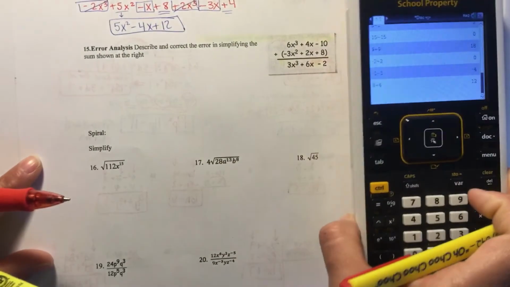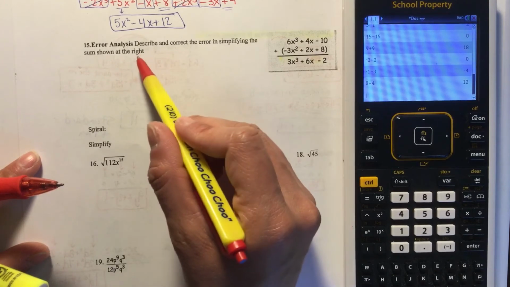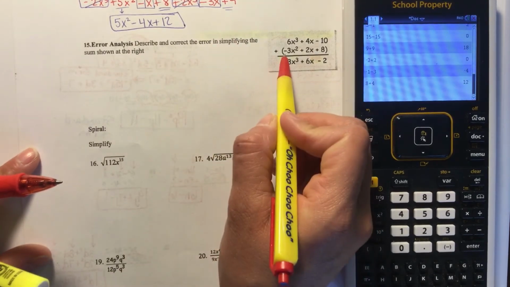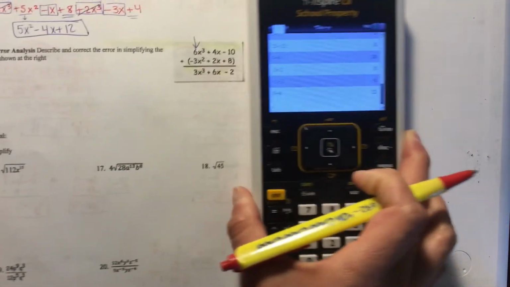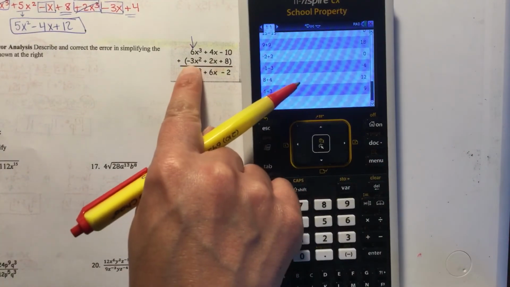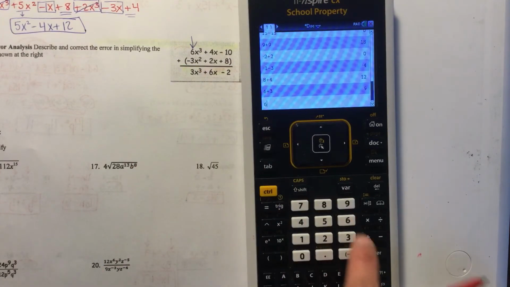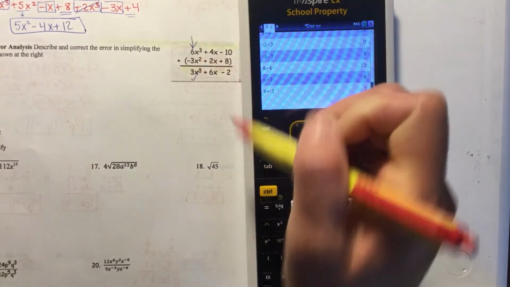All right, next you're going to describe and correct the error in simplifying the sum shown. So here they're adding directly the way it is. So you should be taking 6 plus a negative 3. 6 plus a negative 3 is the same as 6 minus 3, so that part's correct.